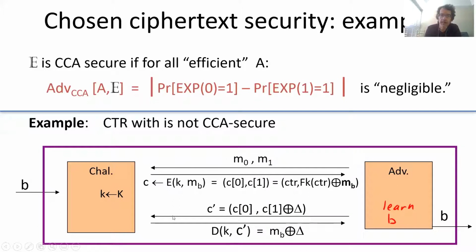So with this abstract ability, if you have access to a decryption box that decrypted anything but C and gave you clear text as output, then you would break counter mode, right? Counter mode is not secure against this form of attack, namely CCA attack.